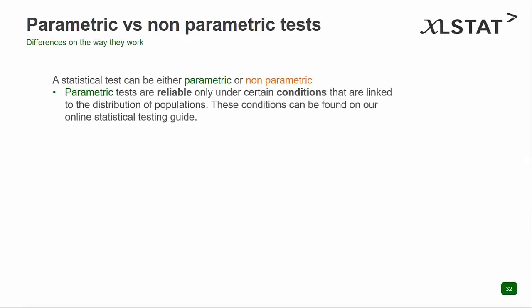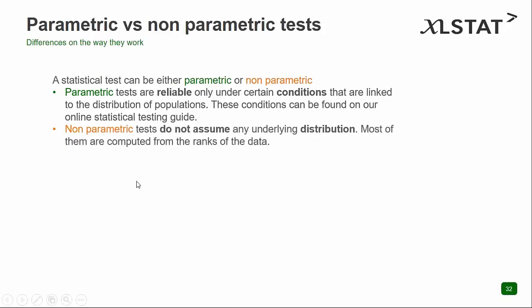As we just saw, there are assumptions on normality, for example, and on the variances that should be validated, or verified before running the tests. These conditions can be found in our online statistical testing guide that I just showed you. So parametric tests, such as the student's t-test for 2 samples, are only reliable under certain conditions.